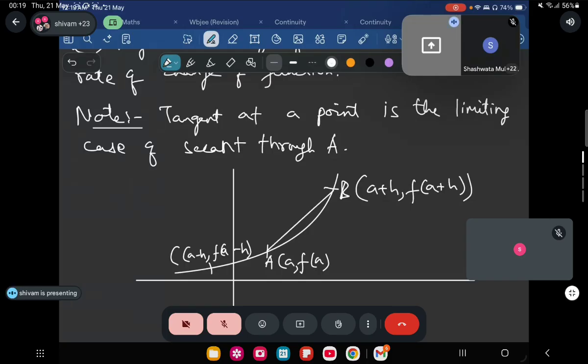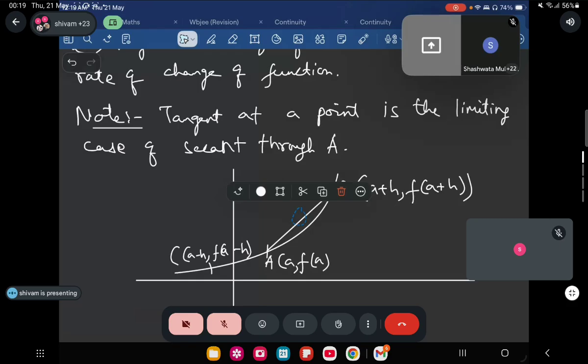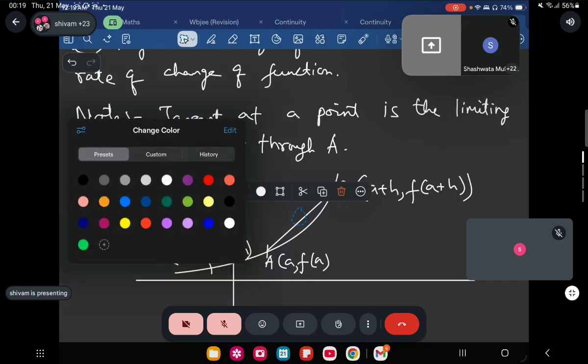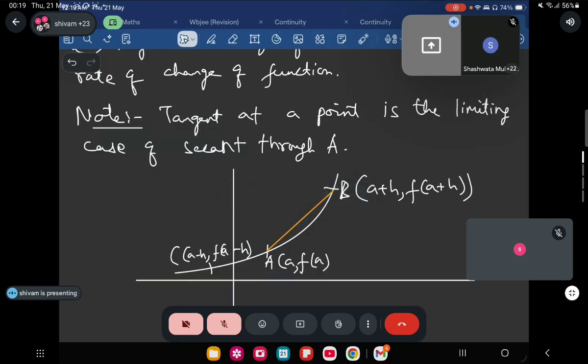Now this is still a secant, right? This particular straight line is still a secant. As B approaches towards A, this is still a secant.